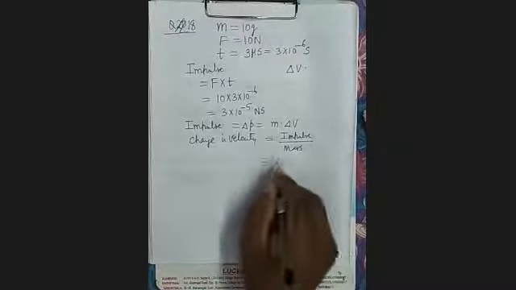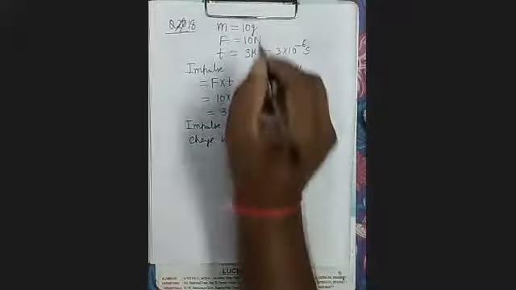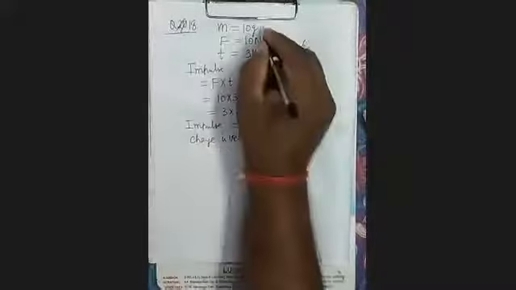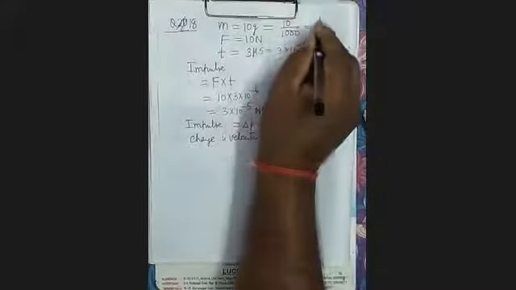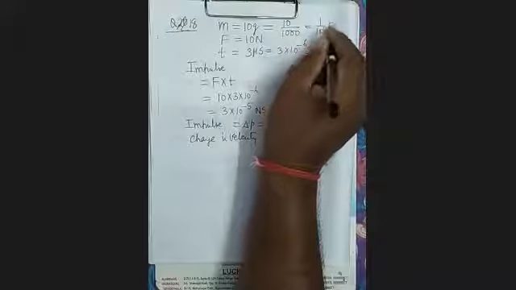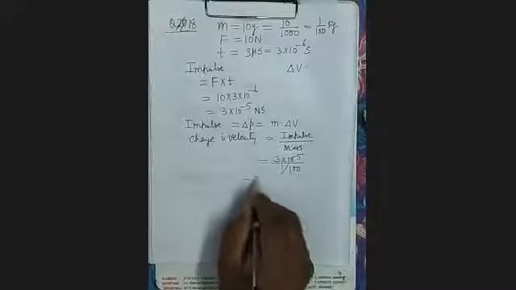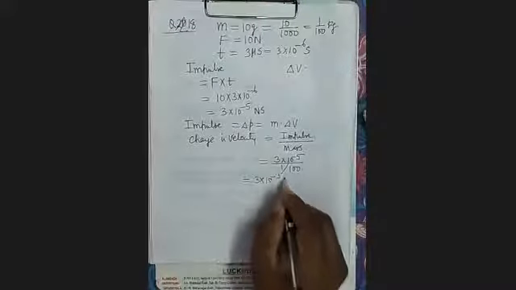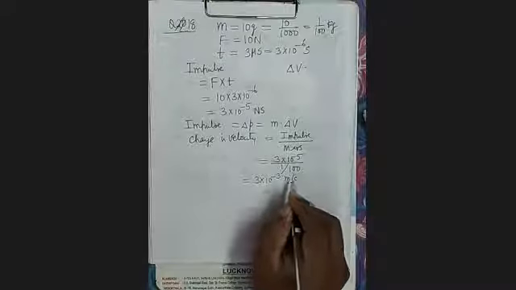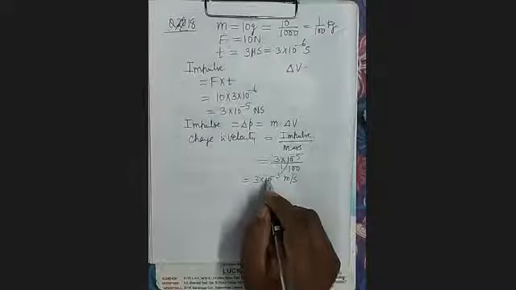It is 3 into 10 to the power minus 5, and the mass is given in gram, so convert it into kilogram: 10 upon 1000, that is 1 upon 100 kg. So it will be 3 into 10 to the power minus 3 meter per second. It's clear?